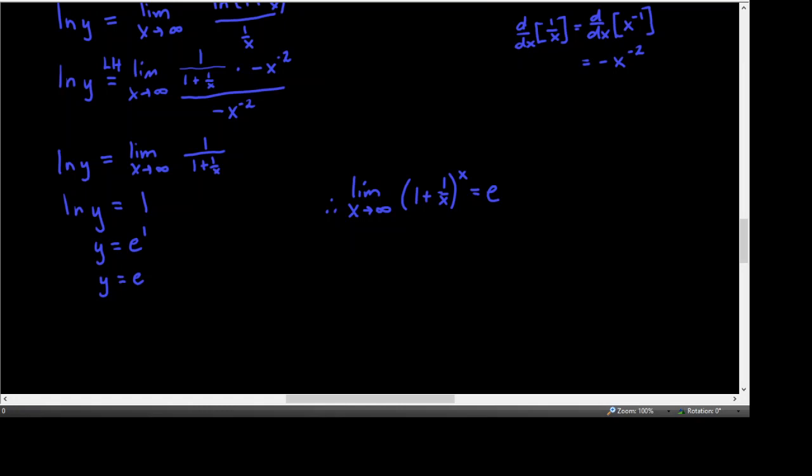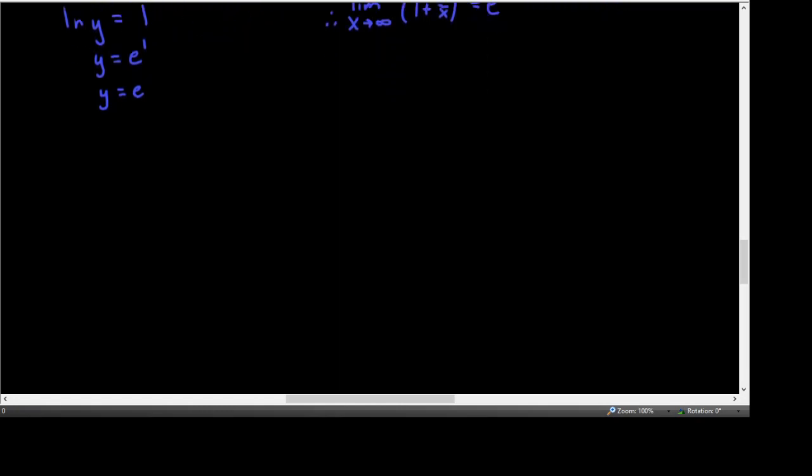So, now I said earlier that L'Hopital's rule can be applied to one-sided limits. I'd like for us to do an example where that's used.